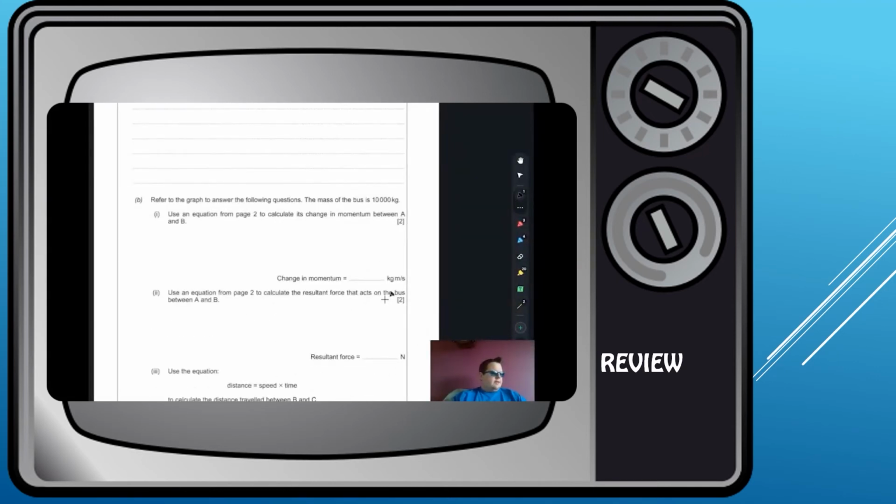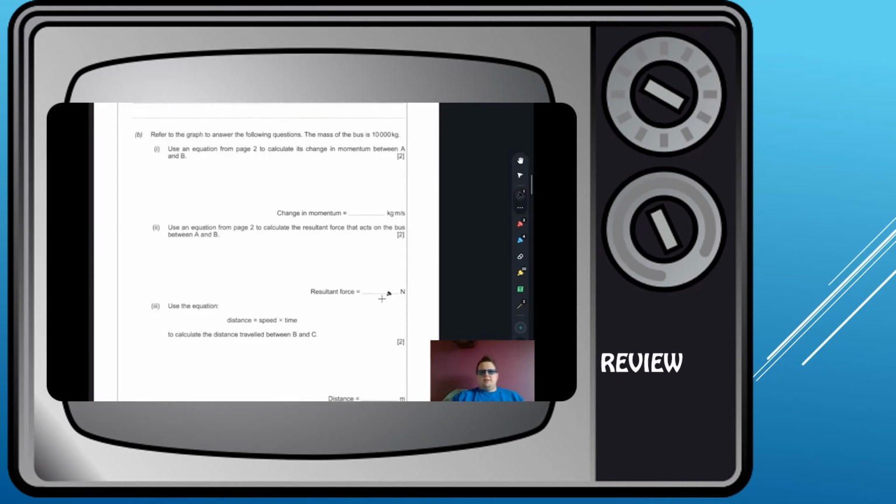Okay, use the graph to refer to the graph in the following answers. Calculate the change in momentum between A and B. So change in momentum is going to be mass times change in speed.